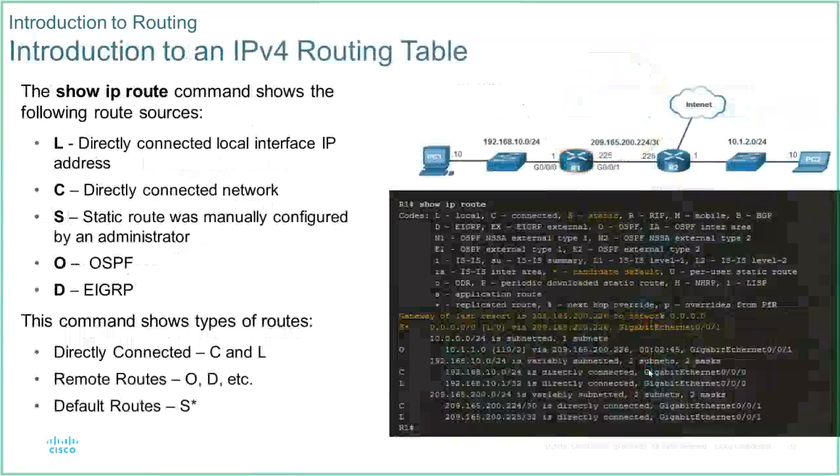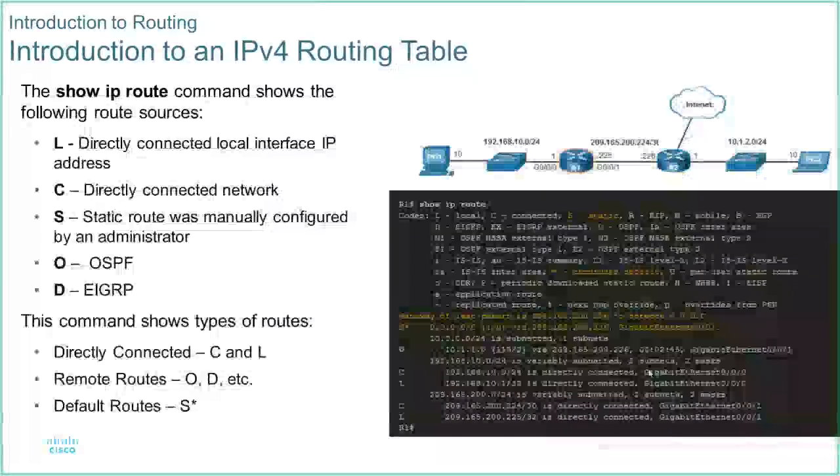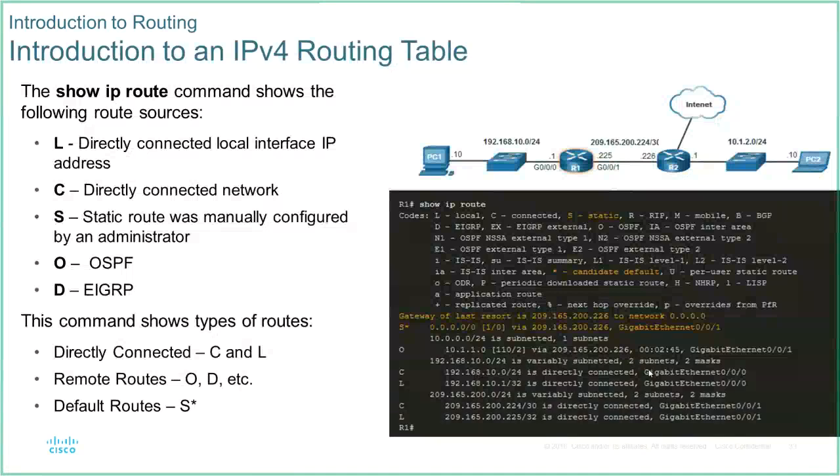How do I confirm what is in a routing table? By typing in the show IP route command in the device, and you're going, but how do we connect to devices? We haven't really covered that. Well, we've got Packet Tracer, and I'll go through it again with you.